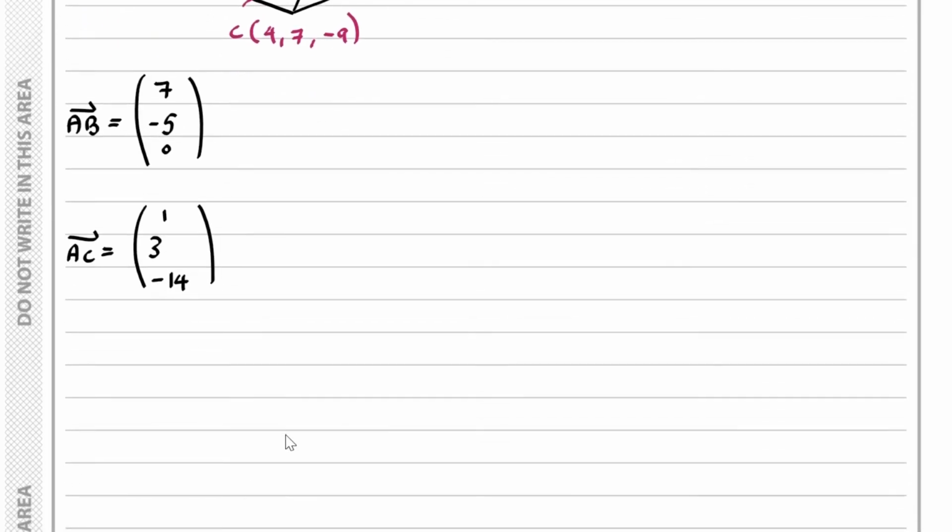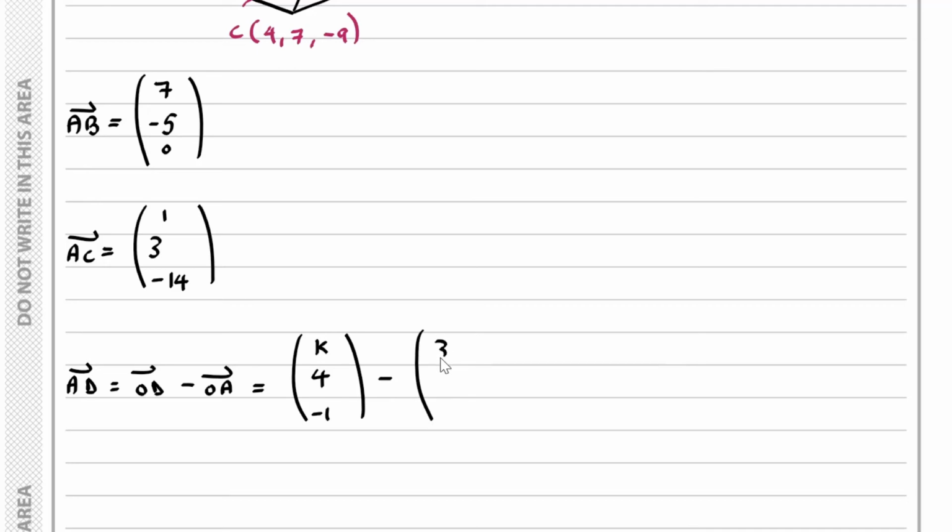Okay, so now we need to work out what AD is. AD is equal to OD minus OA. So we have (k, 4, -1) minus (3, 4, 5). So AD is (k-3, 0, -6).